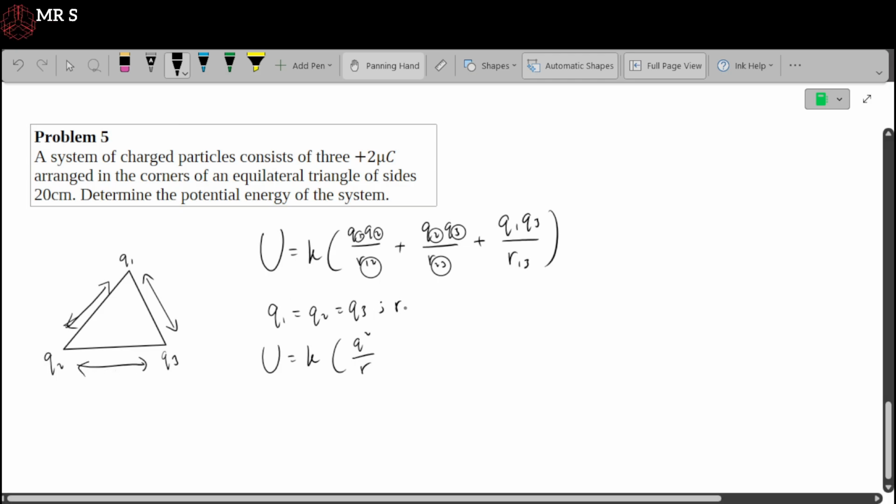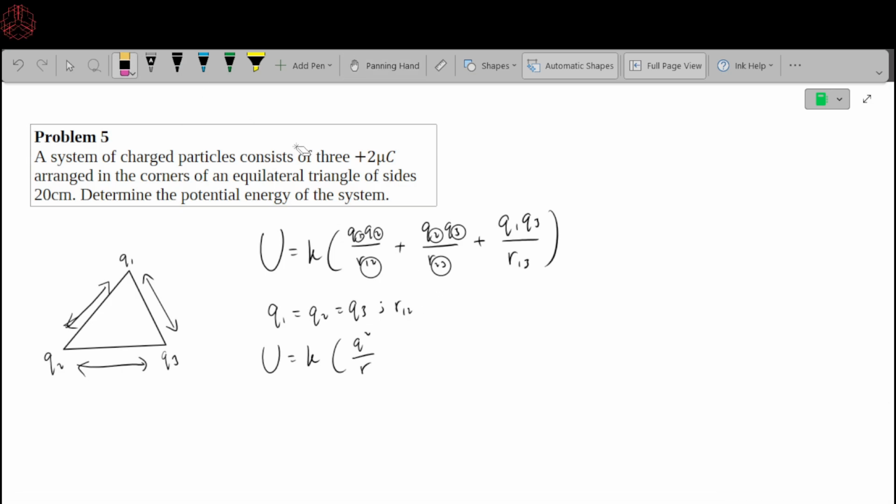So R12 equals R13 equals R23. I'll just be adding it 3 times, so I can just multiply it by 3.